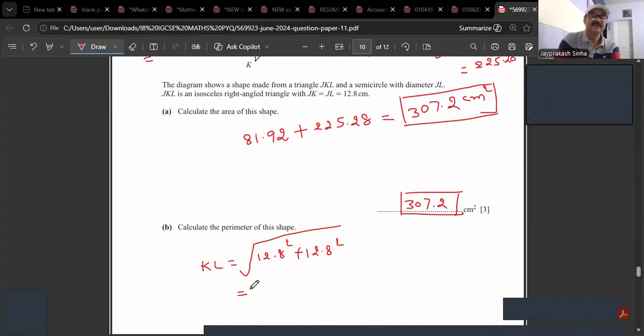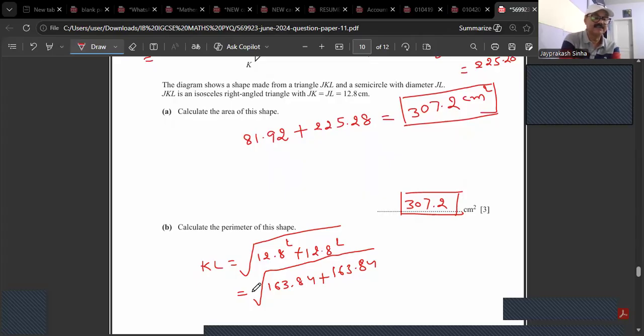Okay. We'll take the help of the calculator. 12.8 square is 163.84 plus 163.84, that is 327.68.